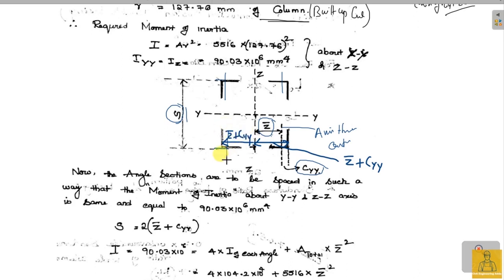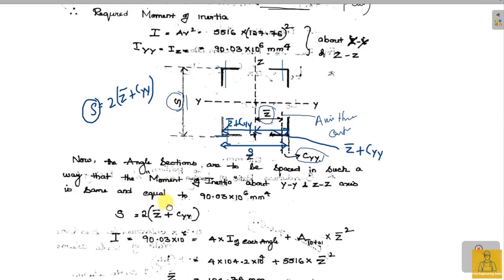So S is equal to 2 times (Z bar plus CYY). Now if you find out the value of this Z bar, you can find out the spacing that is to be provided, isn't it?